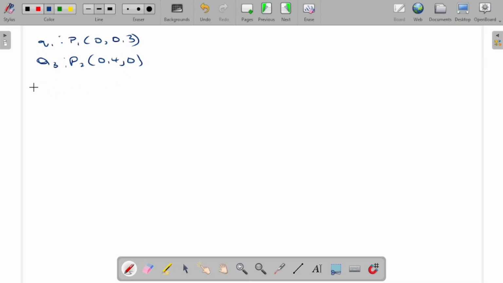And now to find the unit vector, we will call it P1, P2.